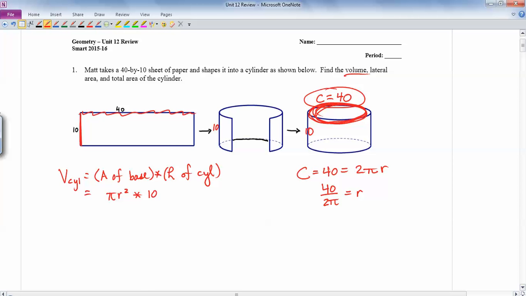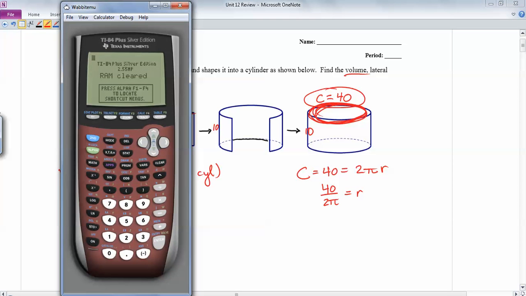Now, if you do this on your calculator, a lot of people are getting the wrong answer. They're doing 40 divided by 2 pi. Well, if you take 40 and divide it by roughly 6, you should not end up with 62. The problem is it's doing 40 divided by 2, which is 20, and then multiplying that by pi, because that's what order of operations does.